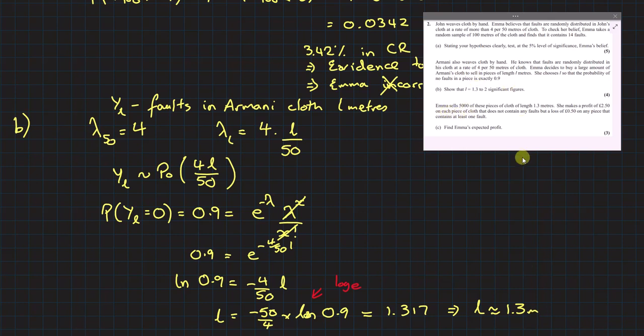Emma sells 5,000 of these pieces of cloth. She makes a profit of £2.50 on each piece that does not contain faults, but loses 50 pence on a piece that contains at least one fault. So this is about profit, so we don't need to know the costs.